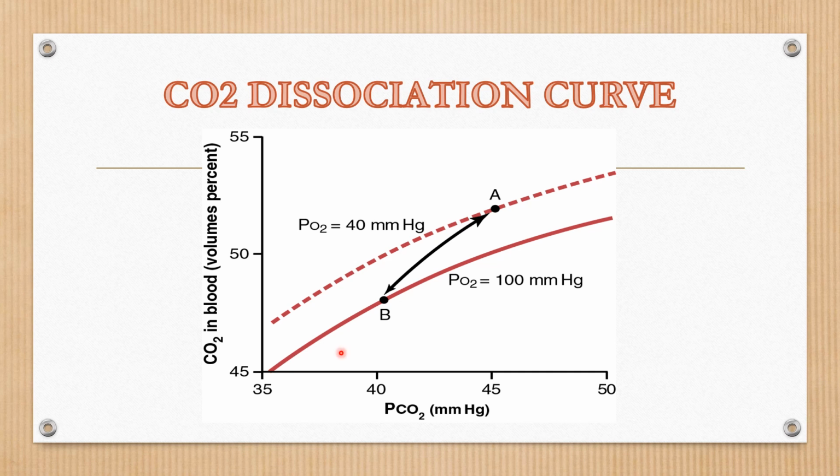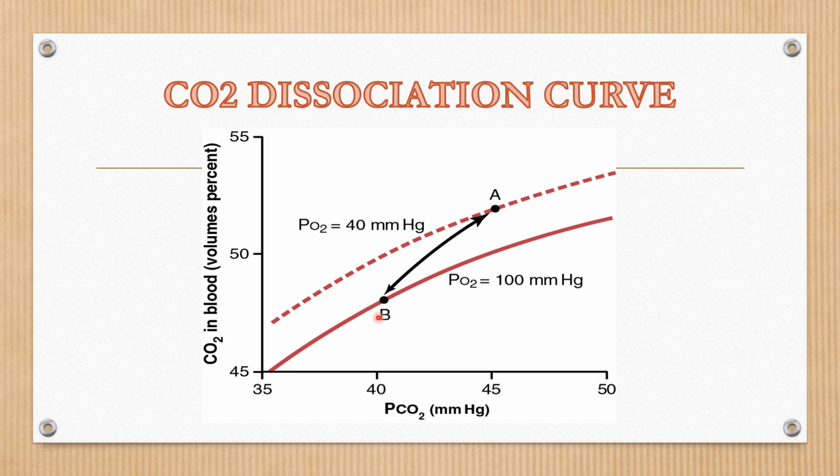The first one is oxygen concentration. Deoxyhemoglobin present in tissue capillaries is capable of loading more CO2 than oxyhemoglobin. So oxygenation of hemoglobin in the lungs increases CO2 unloading, which is called Haldane's effect. Let's see how Haldane's effect on the transport of CO2 affects the curve.